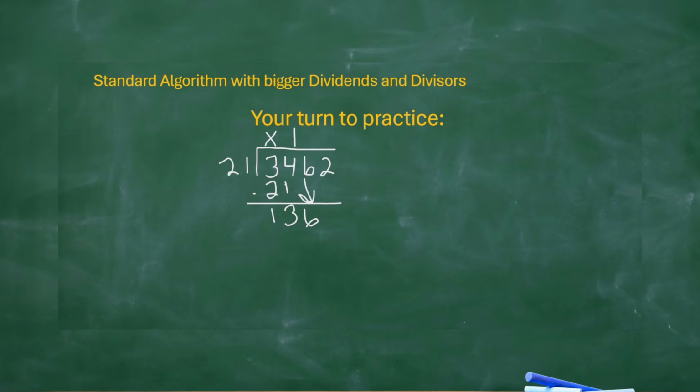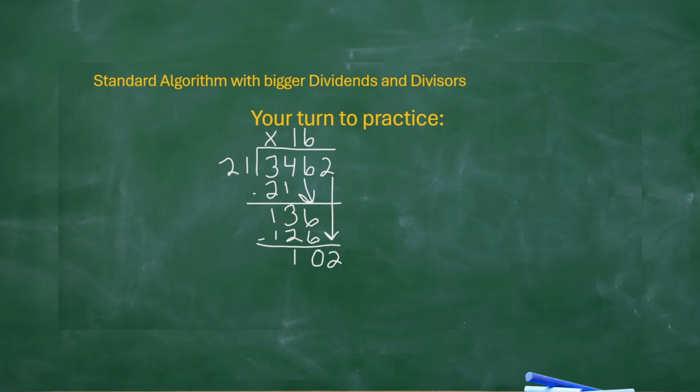And you repeat that whole process. How many 21s can I get out of 136? The answer is 6. 6 times 21 is 126. Do your subtraction, and you are left with 10, and then bring down the 2 to make 102. And you repeat the process again.